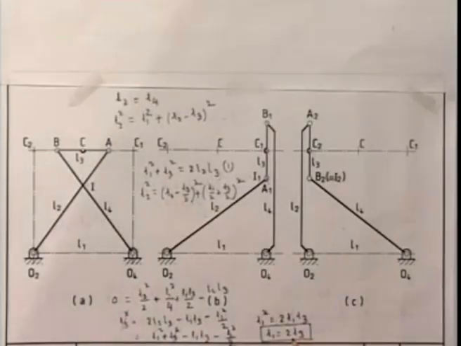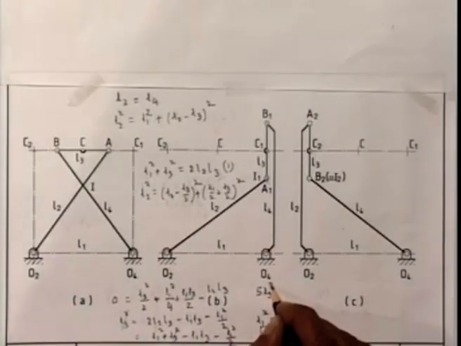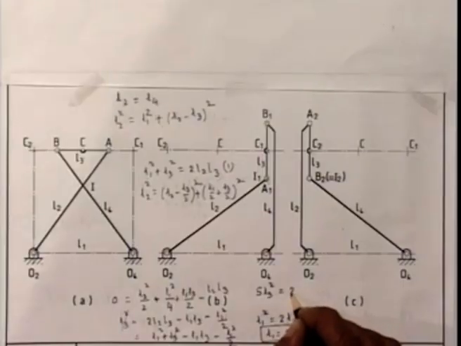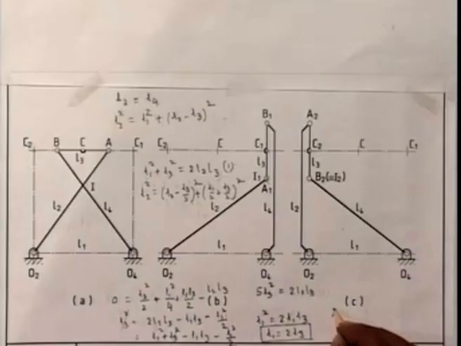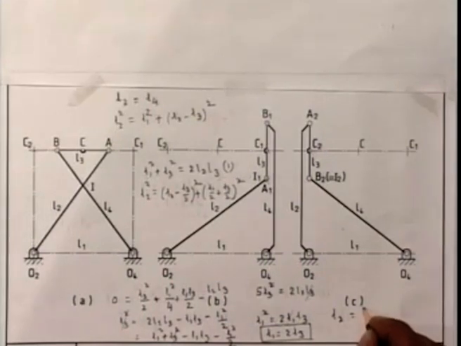Now, using this expression in equation 1, what we find is L1 squared is 4L3 squared plus L3 squared is 5L3 squared, which is twice L2 L3, which means L2 is 5 by 2 L3.